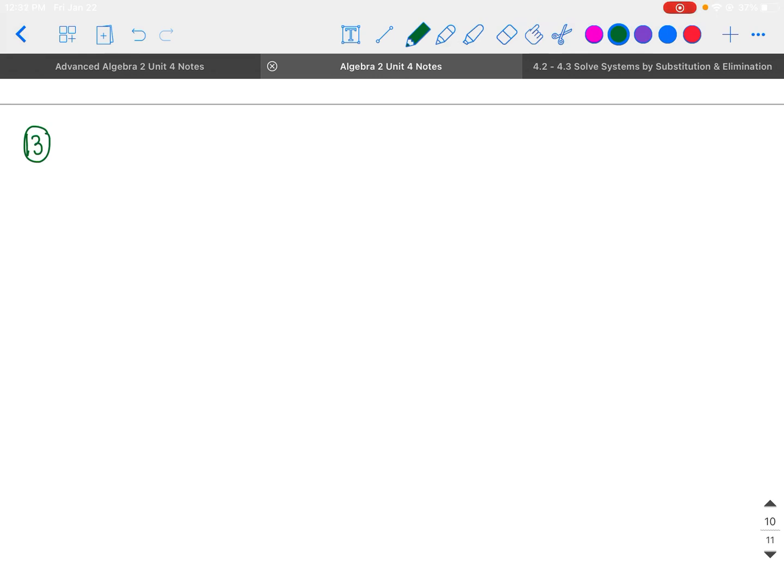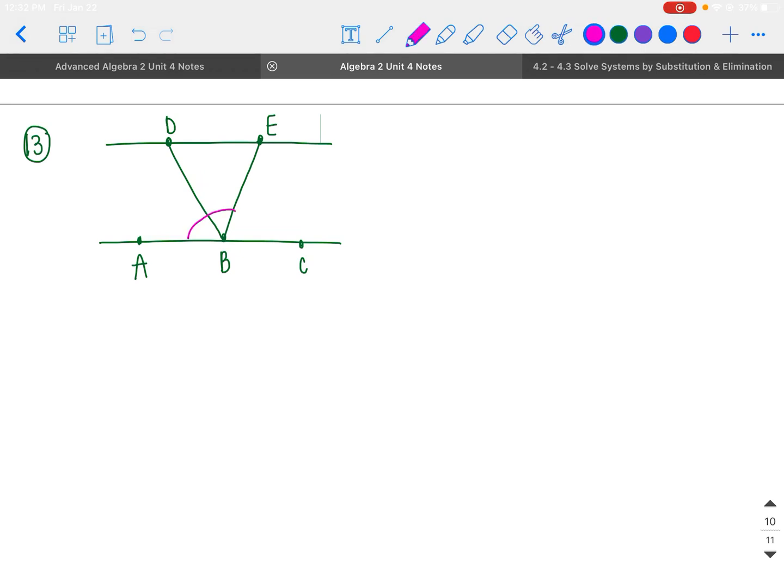13. All right, draw the picture. All right, so it tells us that BD bisects ABE.